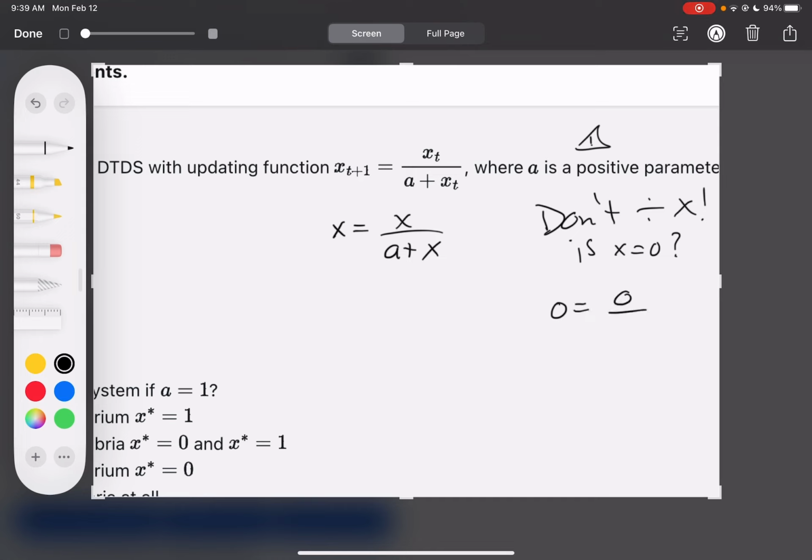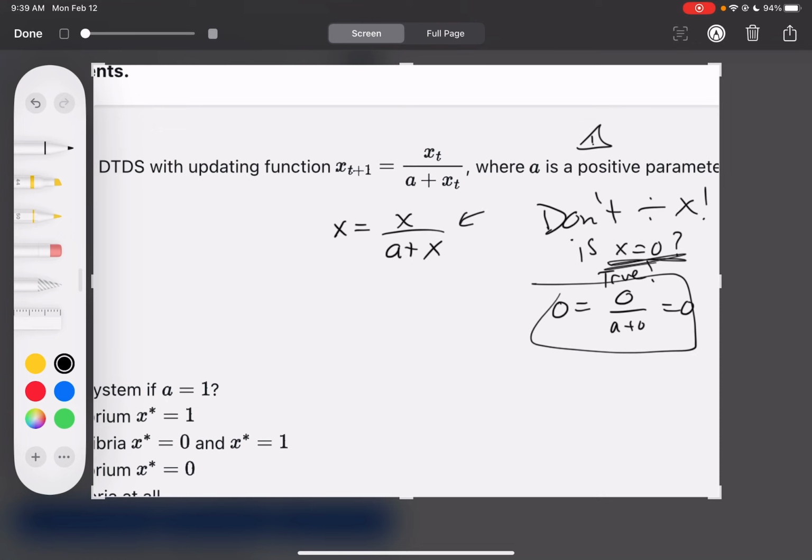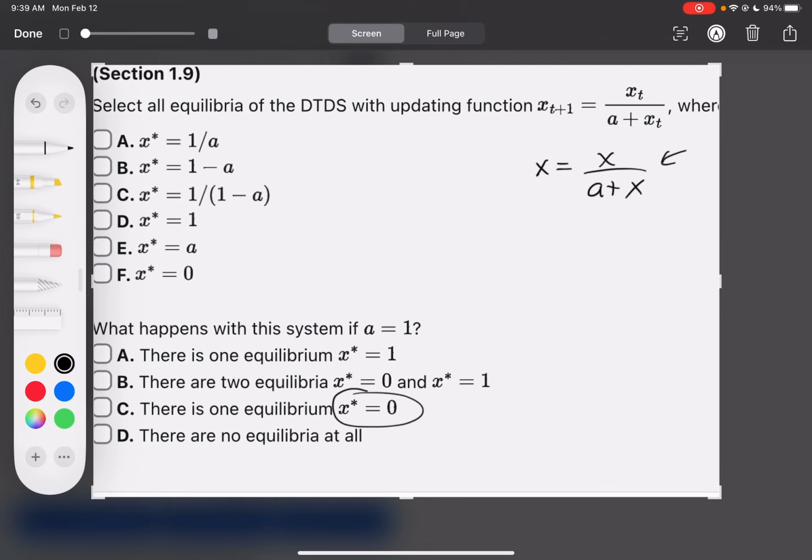We get 0 is equal to 0 over a plus 0, which is 0. You get something true, which is a solution. X equals 0 is a solution to this, which means x equals 0 is one of the equilibrium values. Now also, if this is tricky, you could just literally plug in all of these. But now we know x equals 0 is one of them.